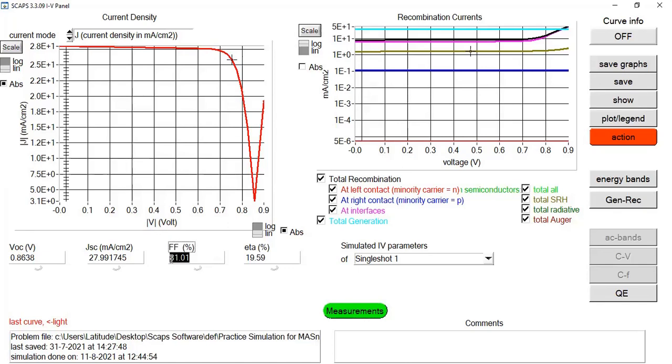And I have already explained that the value of the fill factor can never be greater than 1 and can never be equal to 1. The reason behind that is already uploaded in my lecture about the effect of the absorber thickness over fill factor value.